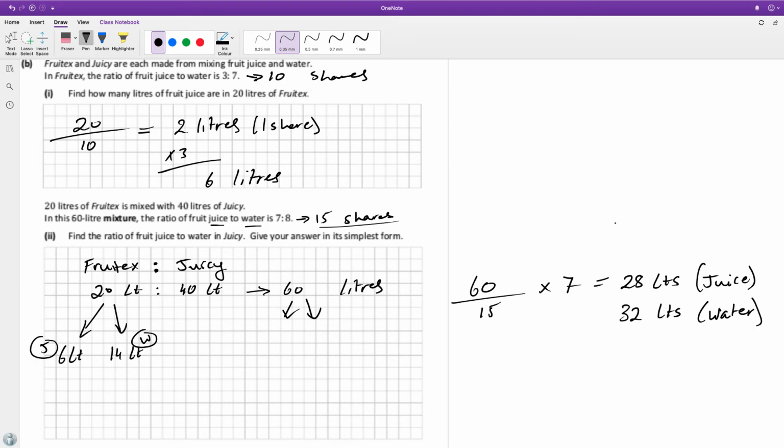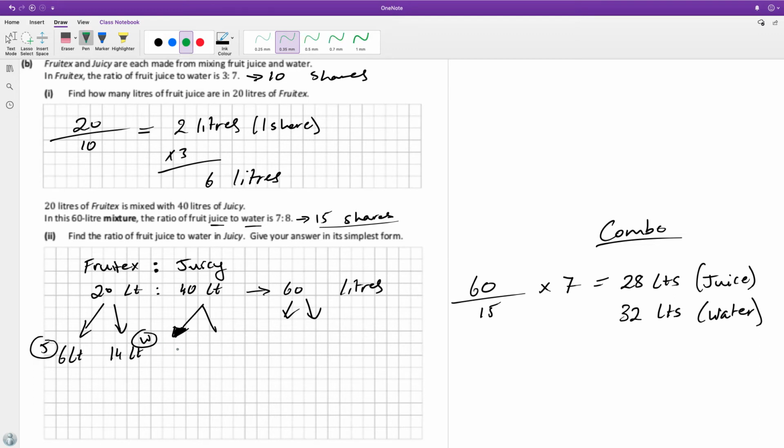Right. So this is the combo. How am I going to figure out the breakdown for Juicy then? What do you reckon? Exactly. 6 from 28 leaves you with?